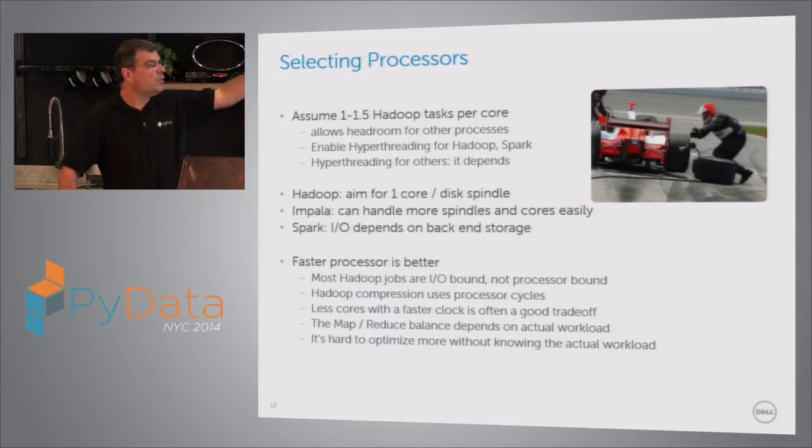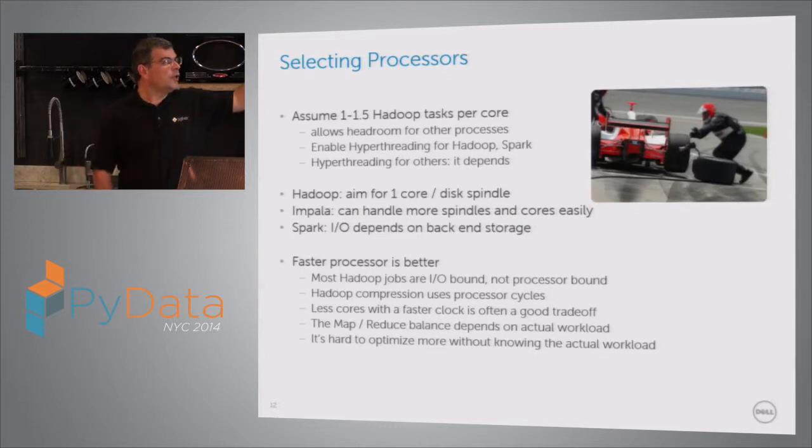Hyperthreading works for most jobs under Hadoop and Spark. If you're dealing with highly optimized code, it usually doesn't make a difference. Because if your code was written to take advantage of the processor architecture, like some of the lower level NumPy stuff, hyperthreading probably won't help you a lot.